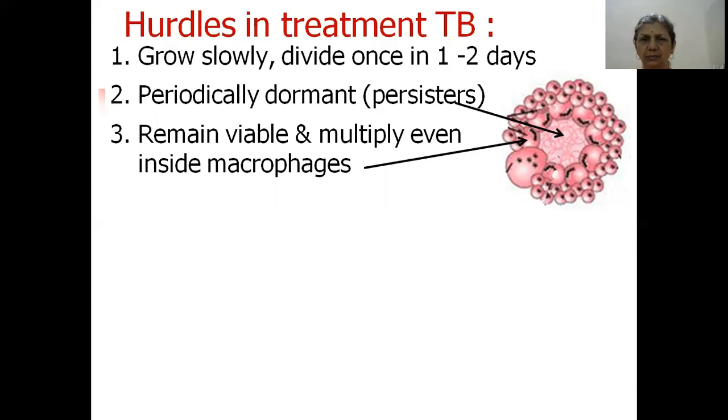So macrophages which engulf them to kill these bacteria are not able to kill them. So they remain viable inside the macrophages. So more than one may coalesce, so we get multinucleated giant cells, and the bacteria may still thrive inside these giant cells.